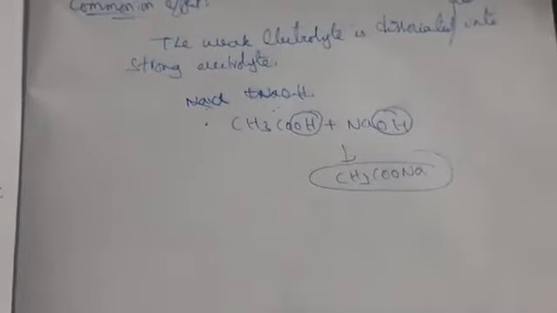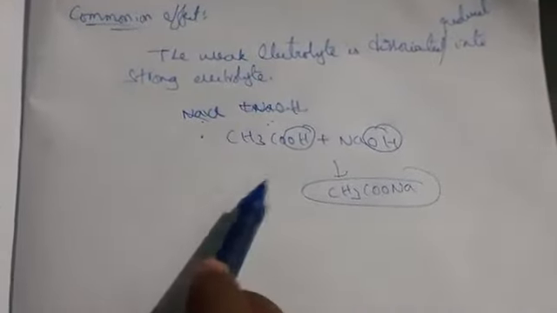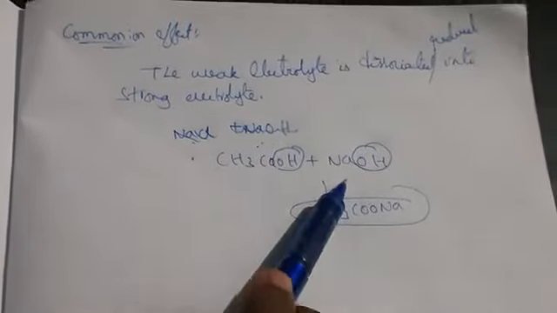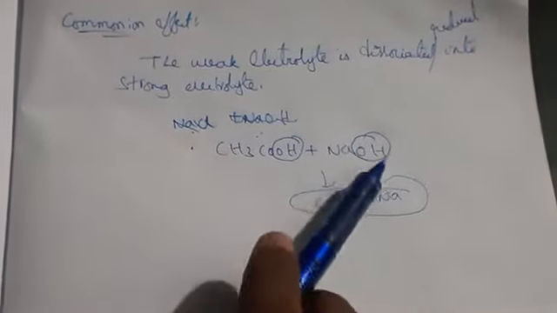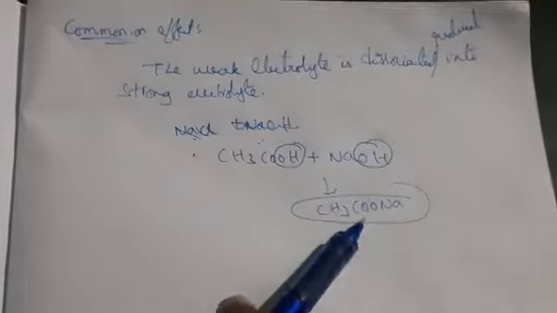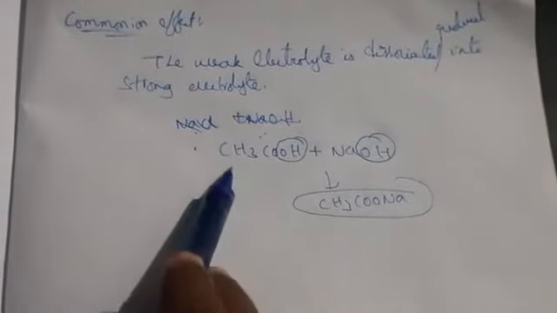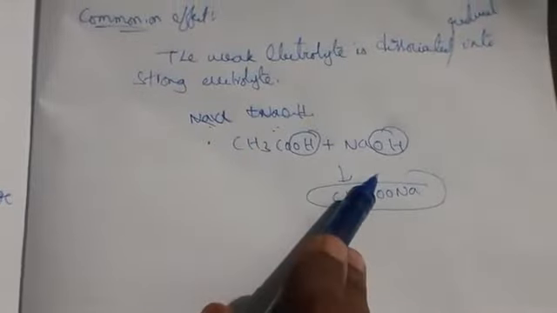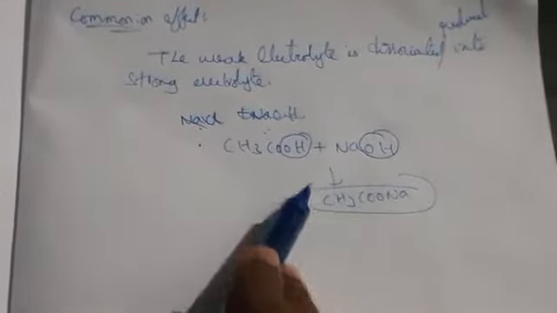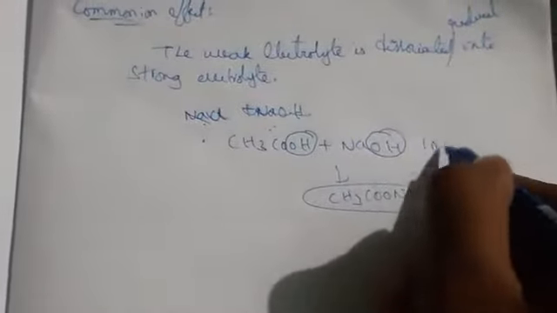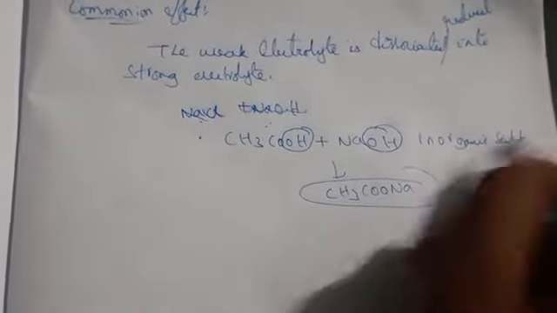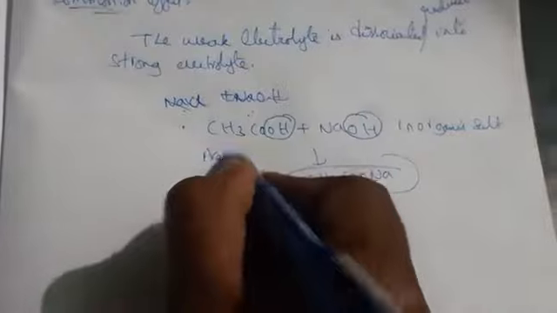So coming to here, how is it giving salt? When you are reacting acetic acid and sodium hydroxide, before forming sodium acetate, what is it? An acid in liquid form. Sodium hydroxide is also a salt. This is an inorganic salt and this is acetic acid.